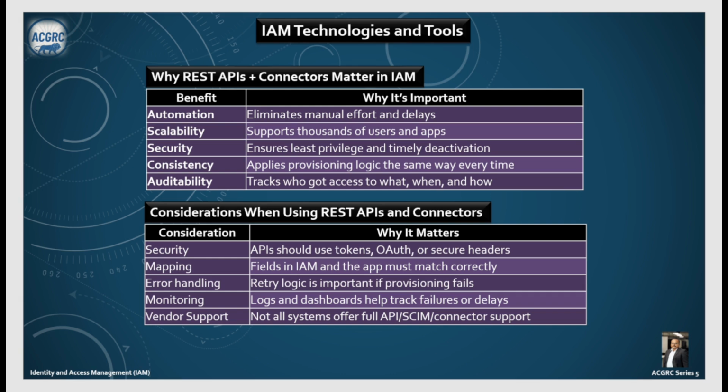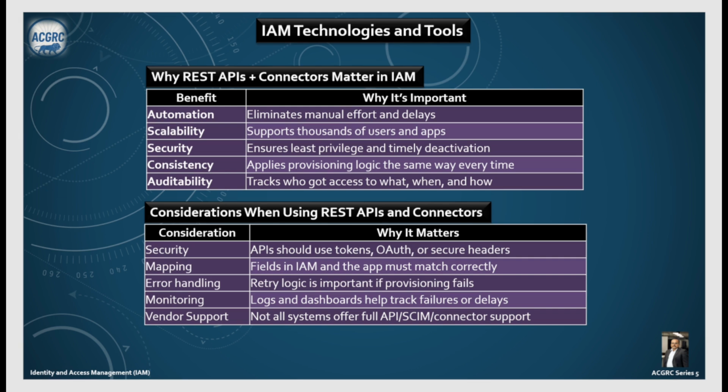Considerations when using REST APIs and connectors. From a security perspective, APIs should use tokens, OAuth, or secure headers. Fields in IAM and the app must match correctly, so you need to be careful before you implement this. Retry logic is important if provisioning fails. Logs and dashboards help track failures or delays, and not all systems offer full API, SCIM, and connector support.